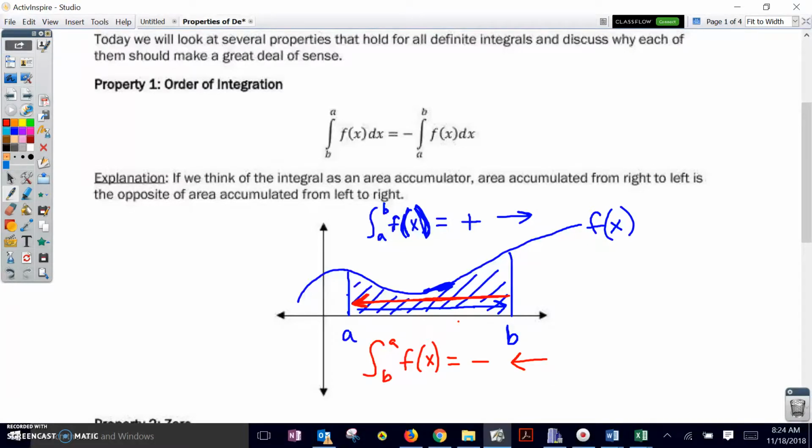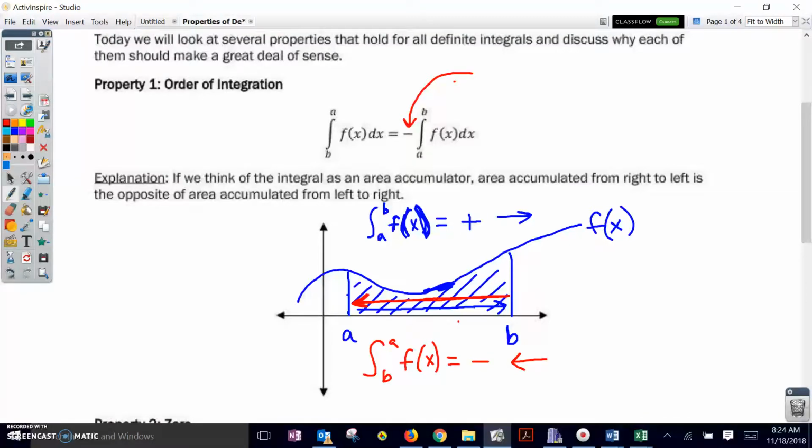Now the amount of area that's accumulated in both cases is the same. However, when we accumulate it from left to right, it's going to be positive. When we accumulate it from right to left, it's going to be negative. And so those values are the same, but they differ only by a negative sign. And so the integral from b to a of this function is going to be equal to the opposite of the integral from a to b of this function.